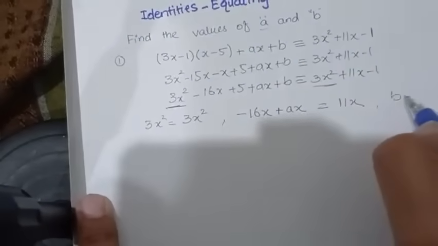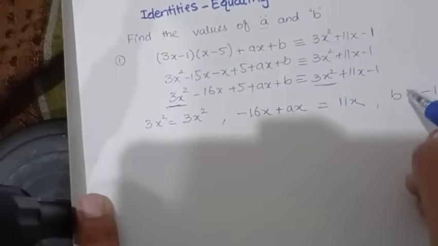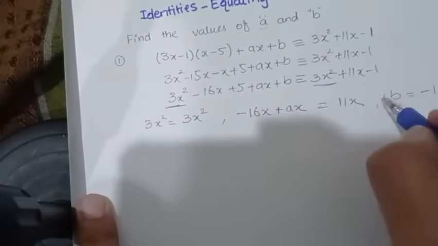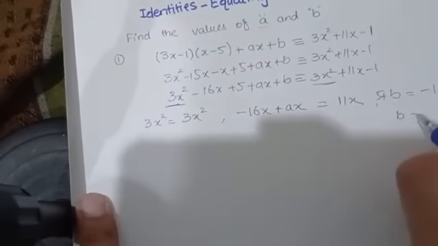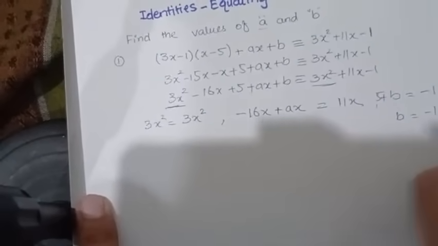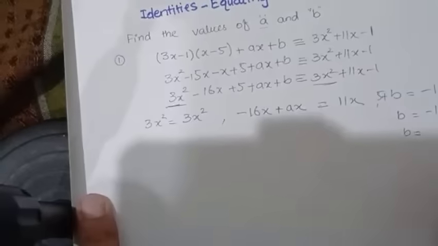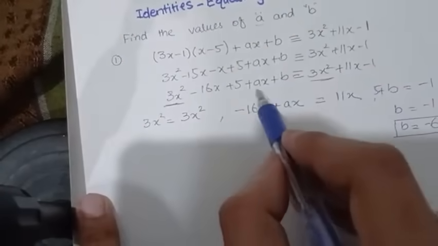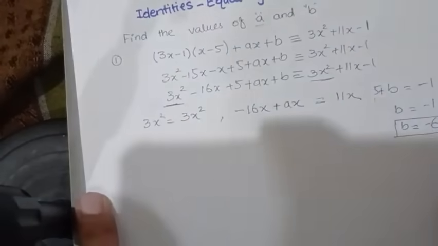Similarly, b plus 5 is equal to minus 1, so b is equal to minus 1 minus 5, b is equal to minus 6. So here we have calculated the value of b.